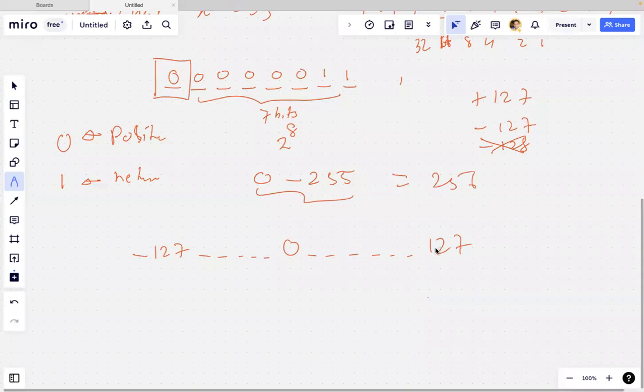How many different combinations? Assume that the maximum minus value is 1 to 7, and you can go up to 1 to 7, likewise 0, 1, 2, 3 up to here. Yes, different combinations according to this one is 255.